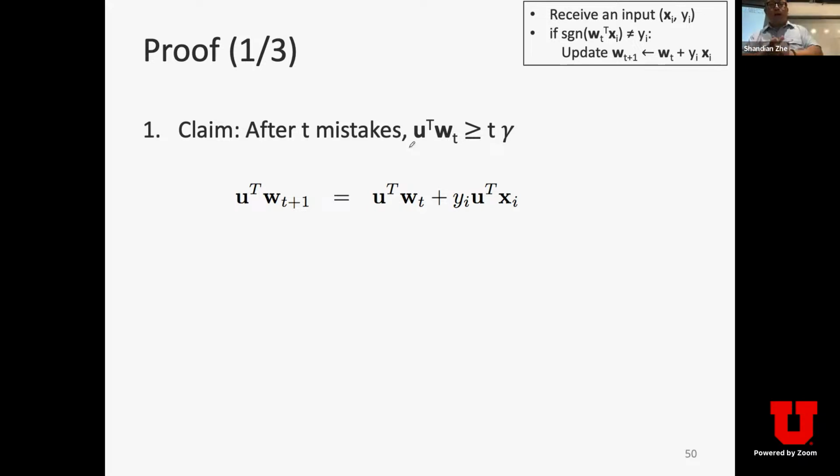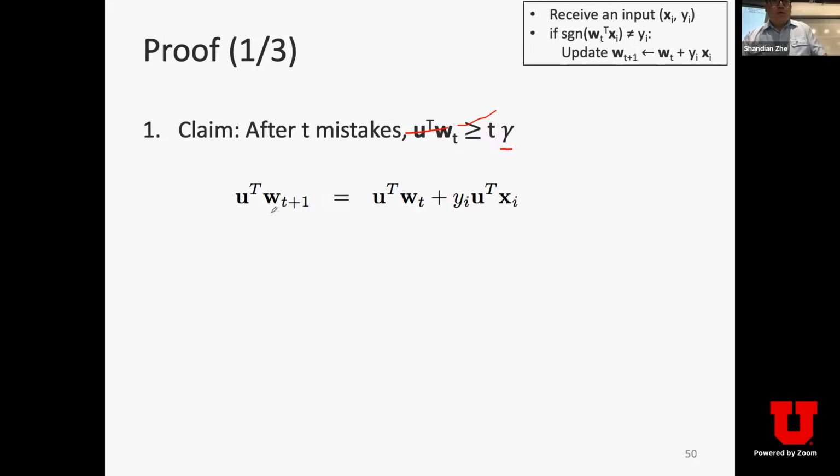If we calculate the dot product between u and wt, it will be lower bounded by t times the margin of u for the data set. So how can we show that? We use induction. Let us assume that at step t, this inequality holds. We just want to check, can we extrapolate this same conclusion to t plus 1?